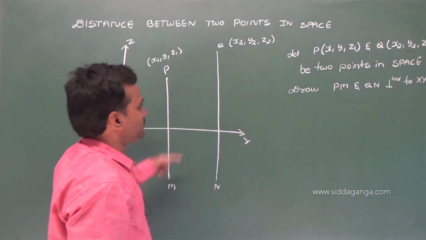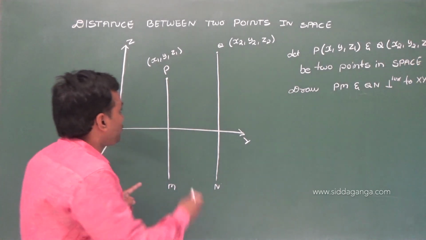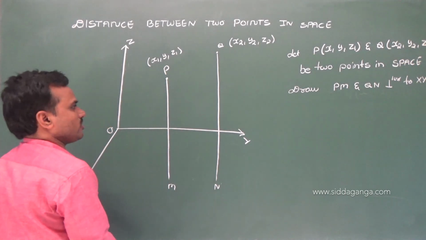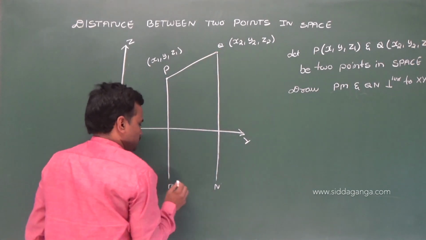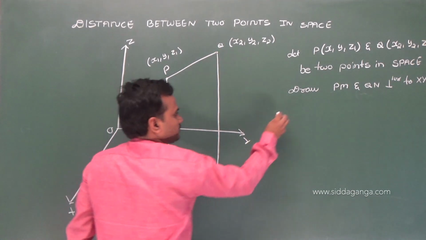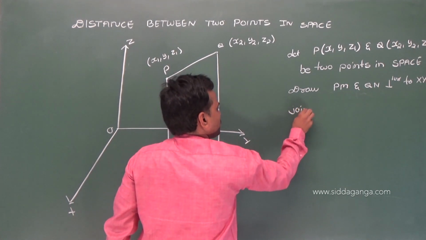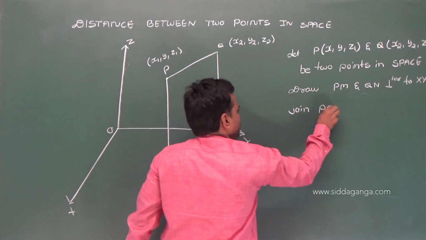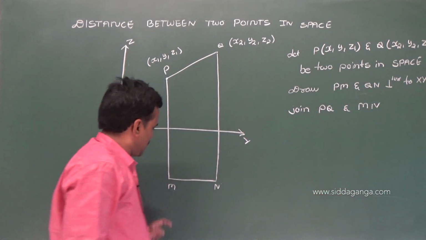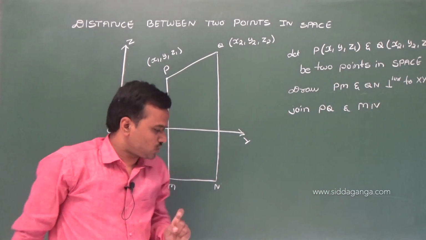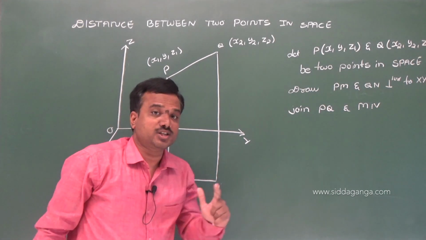Draw PM, QN perpendicular to what? XY plane. So join PQ and MN.